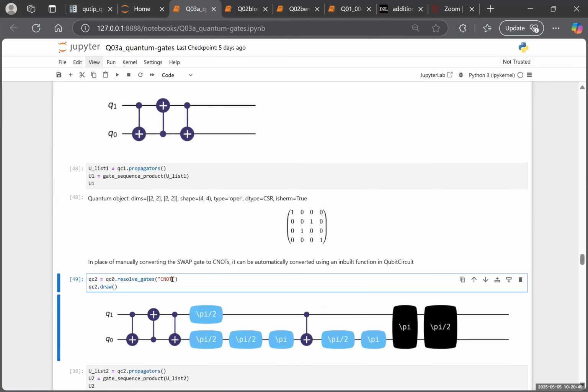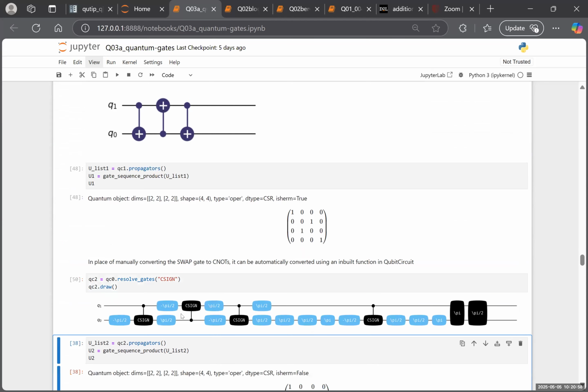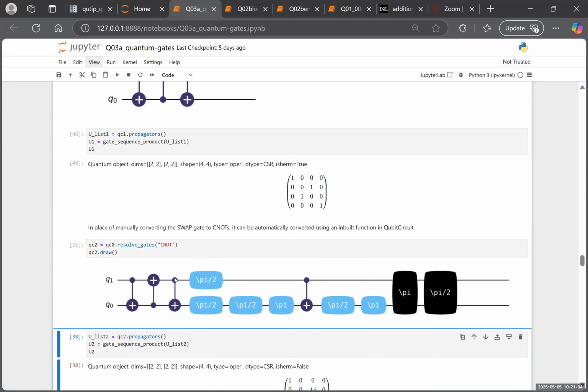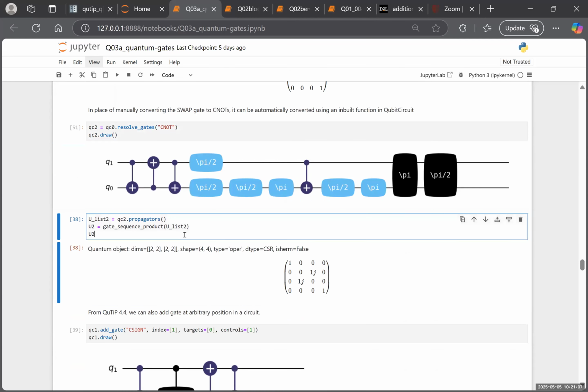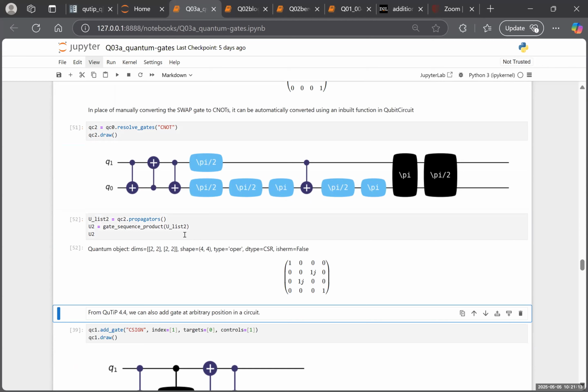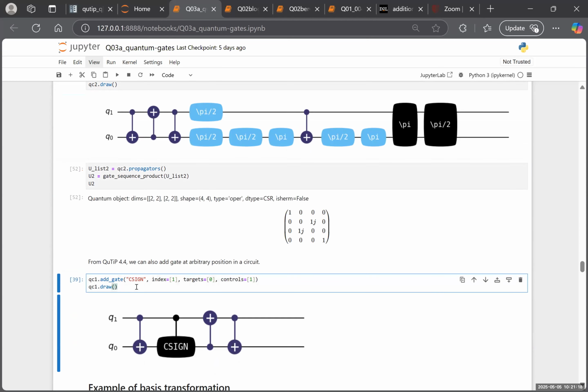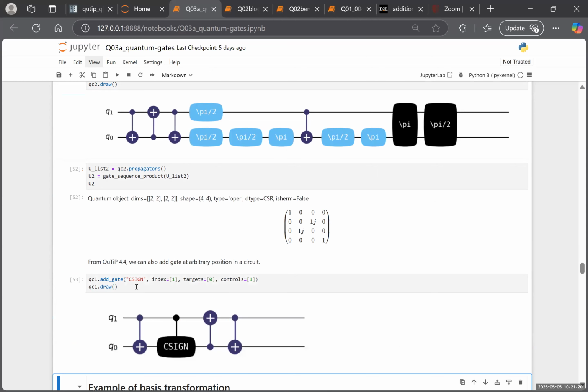You could also do the CSIGN. So you in terms of CSIGN. It's similar to IBM when we define a gate set and we can decompose. It's U2. Yeah, so they do have CSIGN.